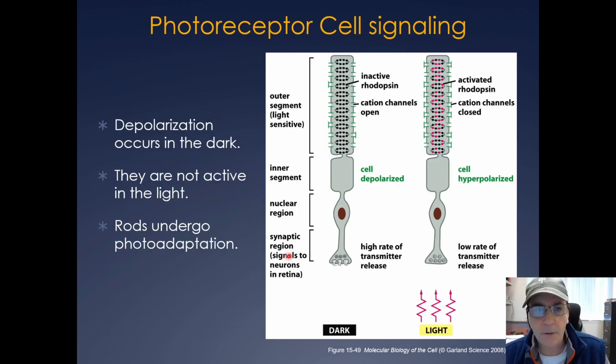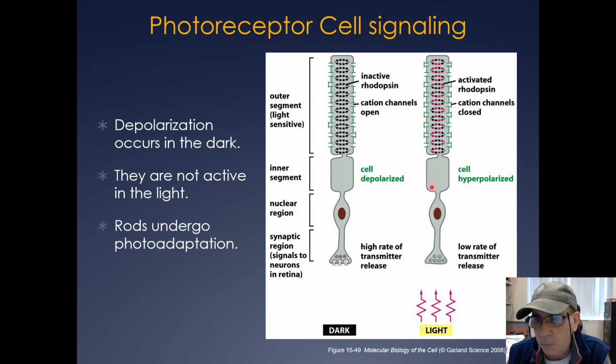To give you guys a better idea of how that works, in the dark, the cells are actually depolarized and the cation channels are open, and here is your inactive rhodopsin here. When you start to see low levels of light, the rhodopsin becomes activated. That converts GTP to cyclic GMP, which then will bind to these cation channels and cause them to close.